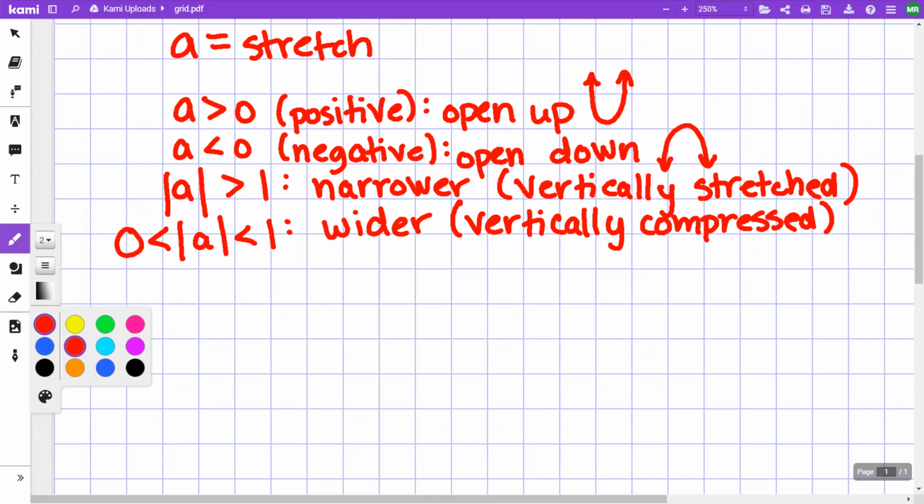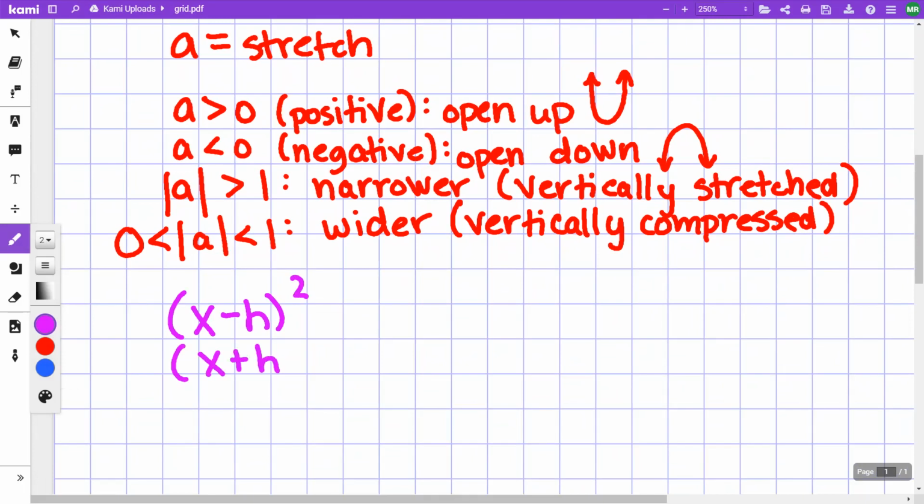So the other thing we have here is our h. So the part that has an x minus h squared, or you could have an x plus h squared, whatever makes that 0 is the direction you're going to be moving. So if it was x minus h, or like x minus 5, 5 would make it 0.